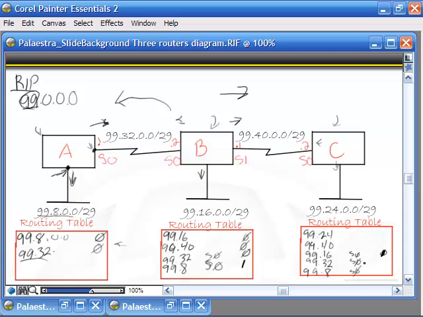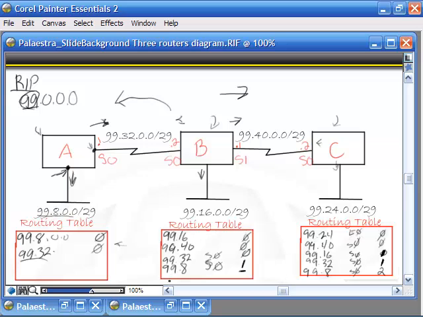He had a cost of 0 to get to the 32 subnet, so my cost will be 1, meaning 1 router away. However, for 99.8, router B's cost is 1, so router C is 2 routers away. So he's 2 hops away, and he puts a 2 in his routing table. The pre-existing routes have all costs of 0. And again, it just associates the interface with the cost.